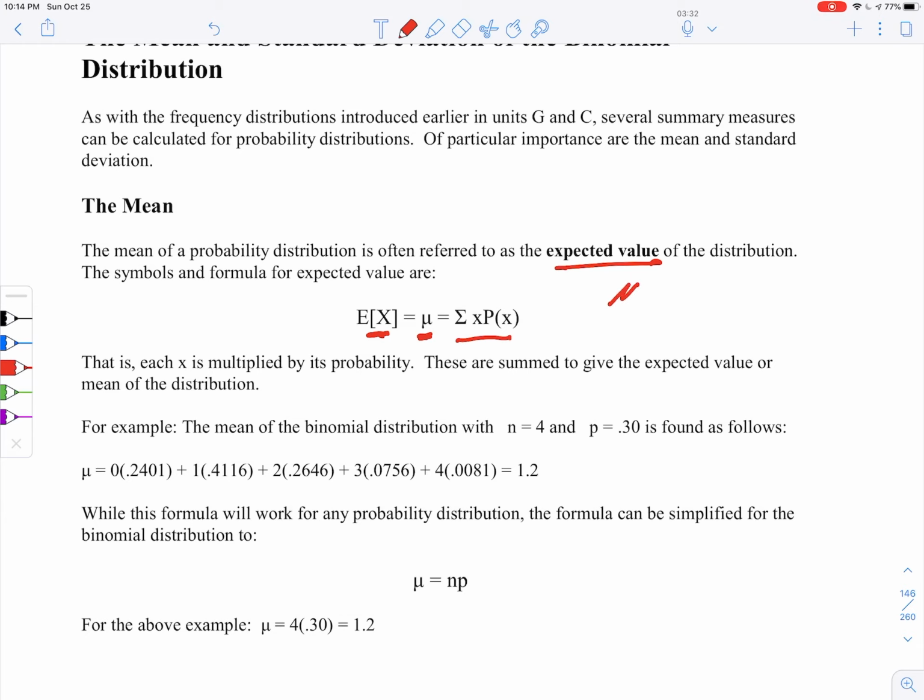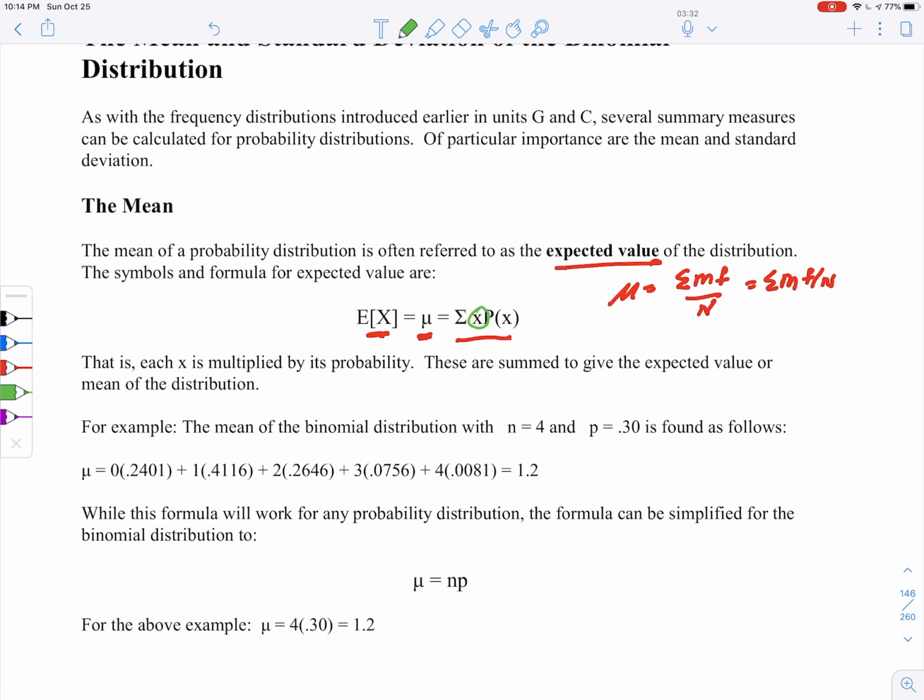Now, you should notice that you're actually familiar with this. When we were taking a look at Unit C, where we looked at calculating a grouped mean, that's what we had. We could rewrite this as the sum of the class marks times the f over n's, the relative frequencies.